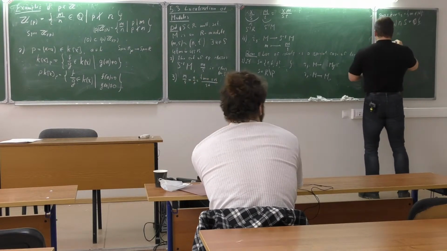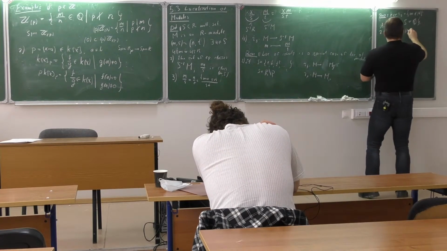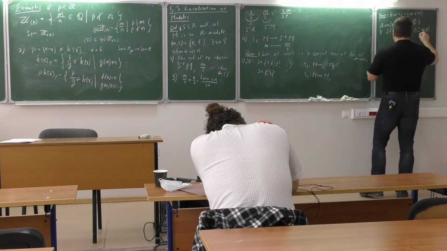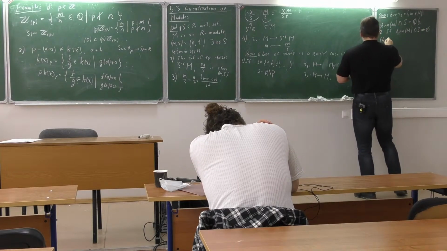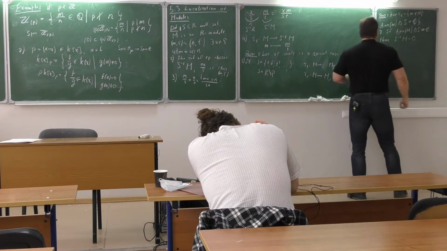Second part: if the annihilator of the module M intersects S, that is, the intersection is not empty, then the localization of this module is just the zero module.